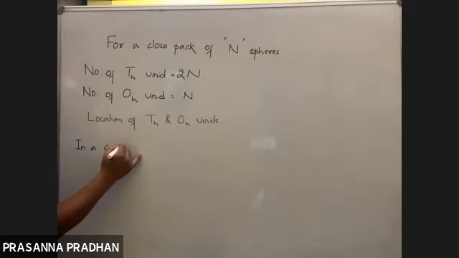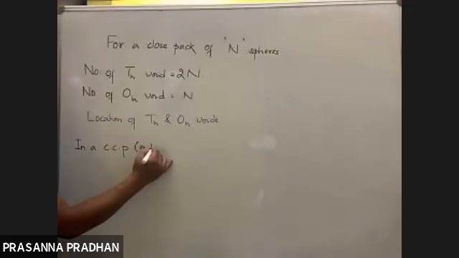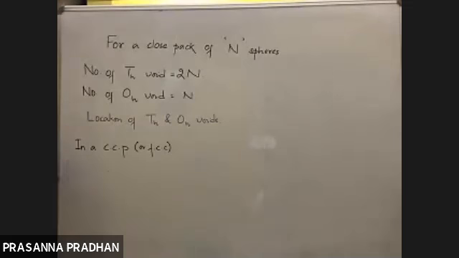In a CCP, bracket FCC, I have not done this yet. I'll make you understand this in the next class. CCP means a 3-dimensional arrangement, and its basic unit is FCC.